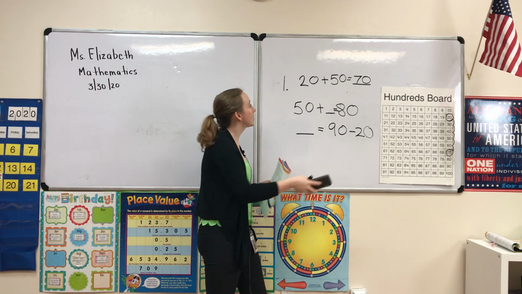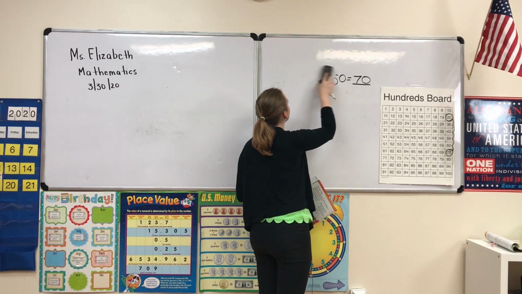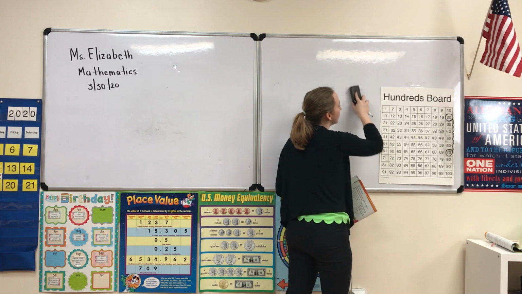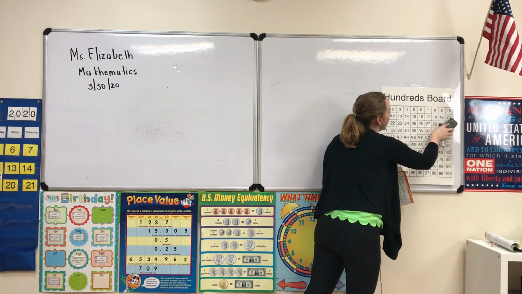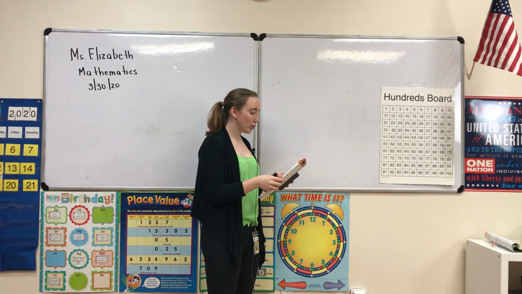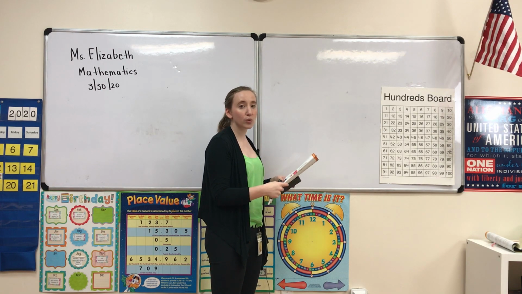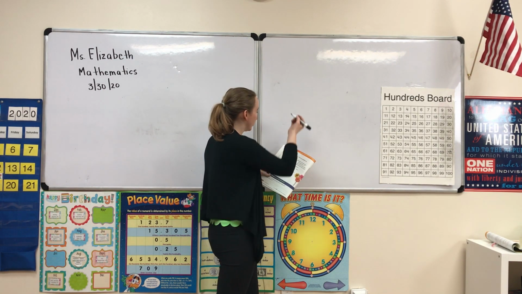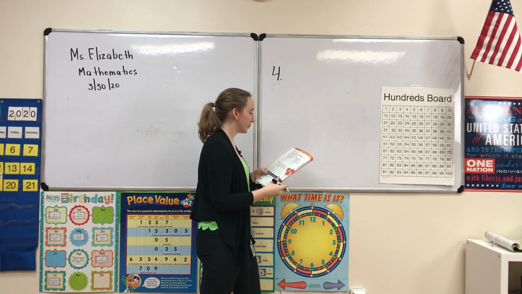All right, we're going to move on to the last page of math for today. For this page, you are going to write an addition or subtraction equation to solve the number story. We'll start with number 4.